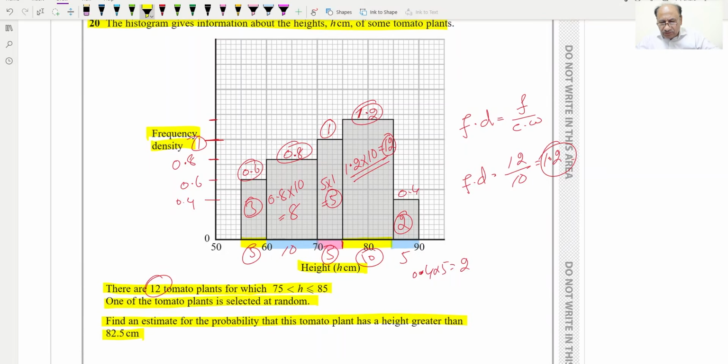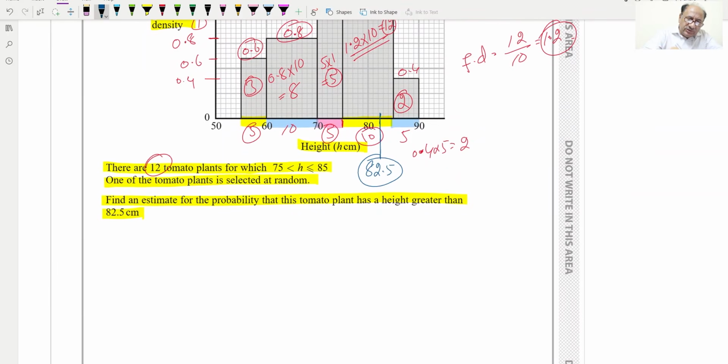We have to check. 82.5 will be in the middle, up to this one. Now from 82.5 to the next bar will be 85.